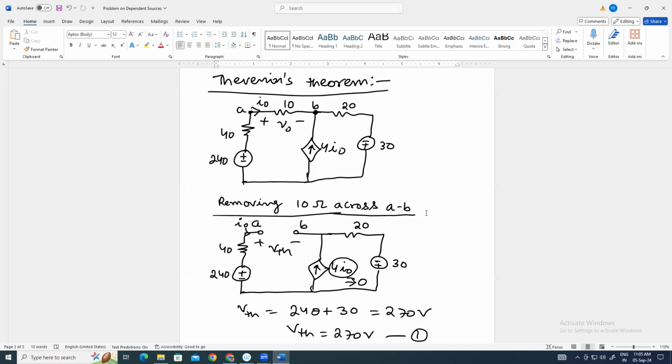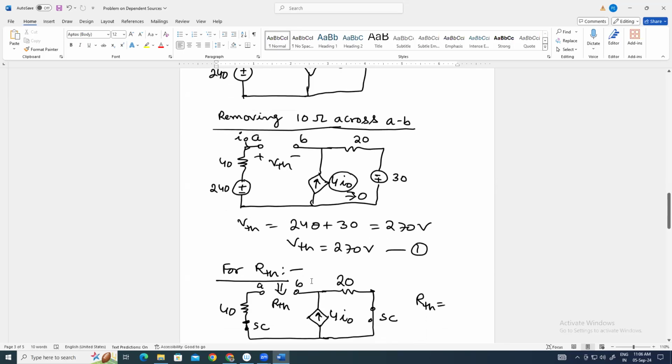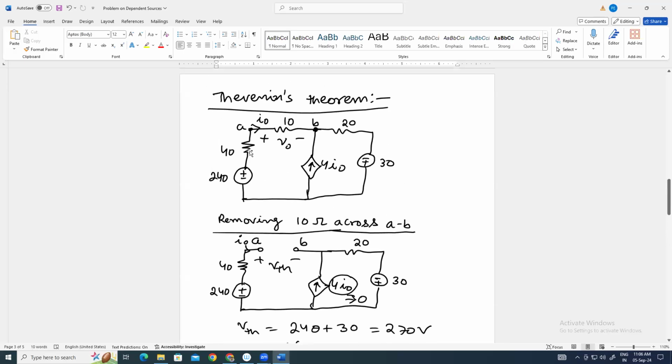So we have taken this example and we have calculated the Thevenin voltage across these two terminals A and B. Okay, so Thevenin voltage we have calculated by removing the independent sources. We have two independent sources, 240 volt and 30 volt.